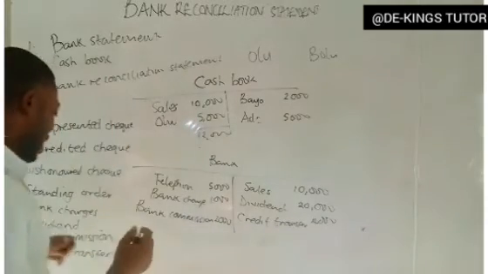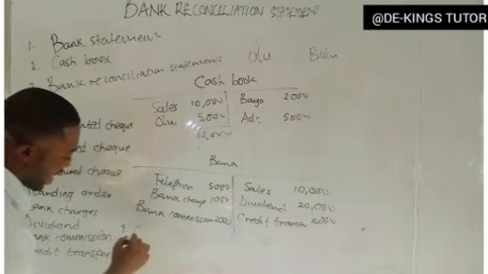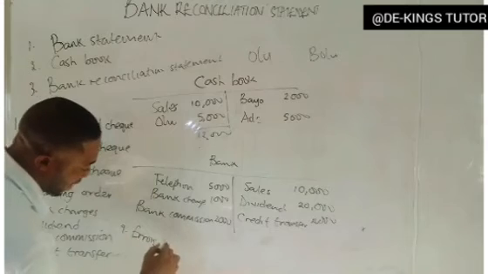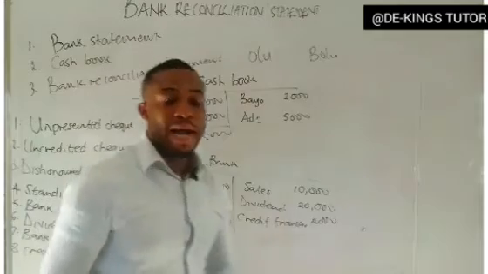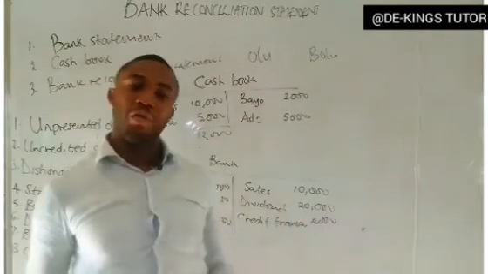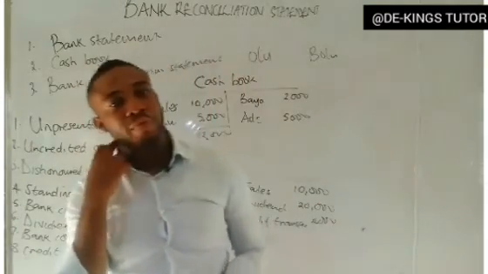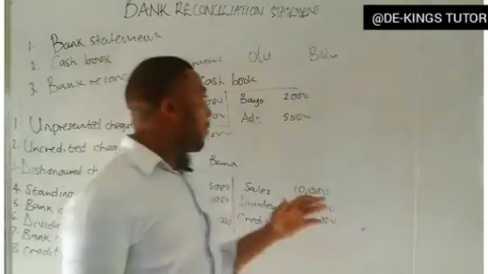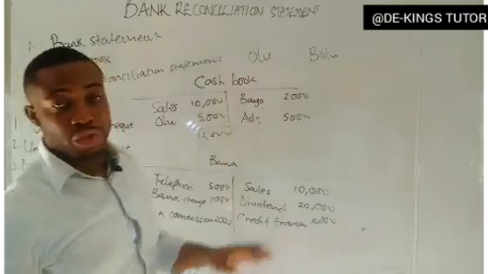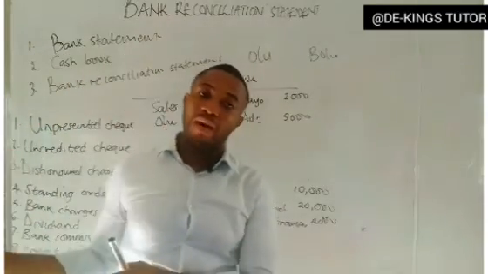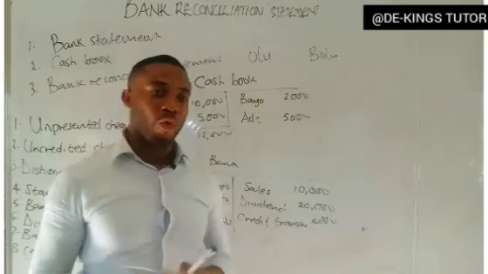Okay, so another one might be, let's put it here, 9, errors by the bank. The bank is prone to errors. They are human, so they are prone to mistakes and errors. Most times they might want to reduce money from another customer's account, and they reduce it from your own account.